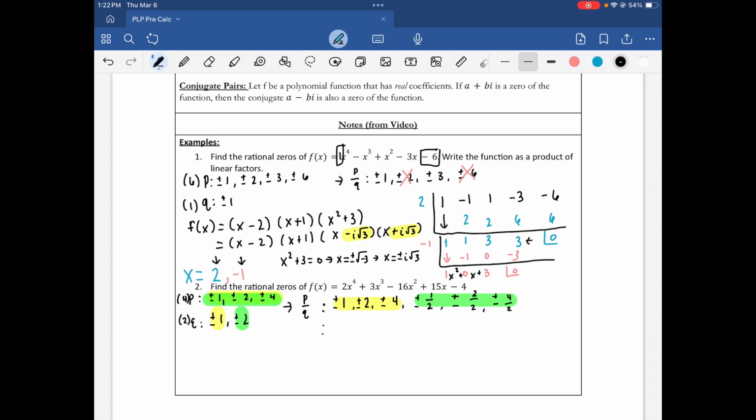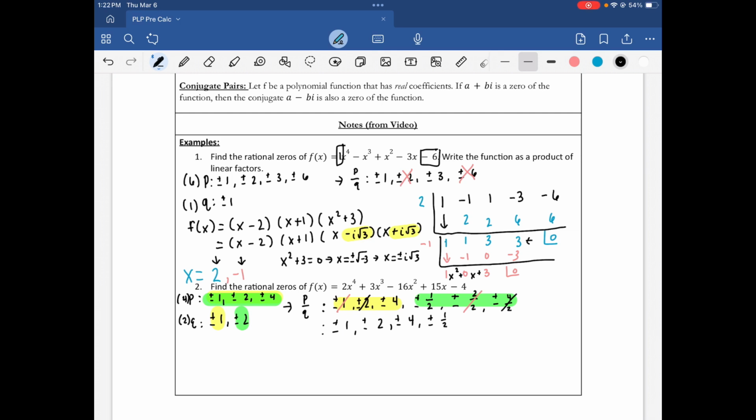So our actual list of zeros, we've got positive and negative 1, which is accounted for here and here. We've got plus and minus 2, which is accounted for here and here. 4 over 2 is also 2. And then we've got positive and negative 4 and positive and negative 1/2.